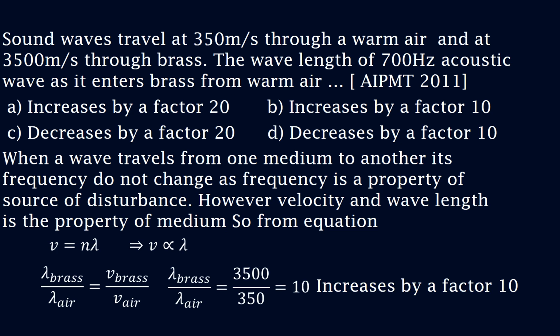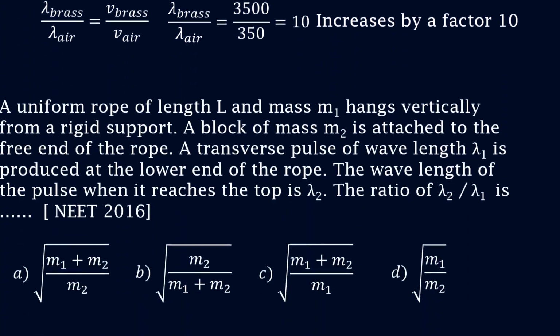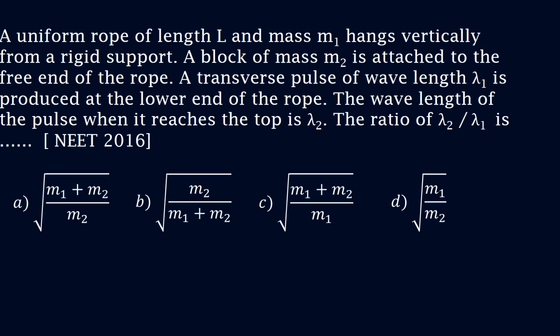Substituting the values, we get 3500 divided by 350, which is equal to 10. Therefore, wavelength increases by a factor of 10. Option B is correct.